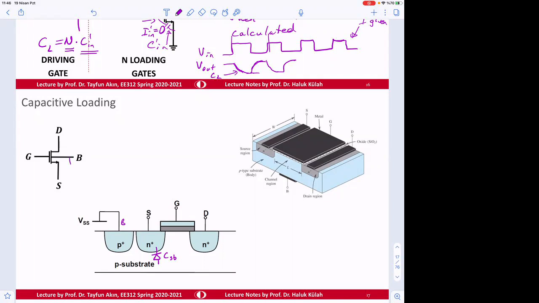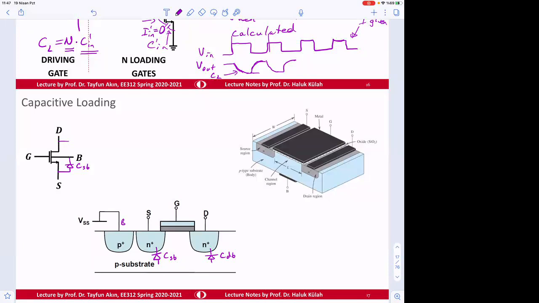And due to this diode, drain to bulk capacitance occurs.